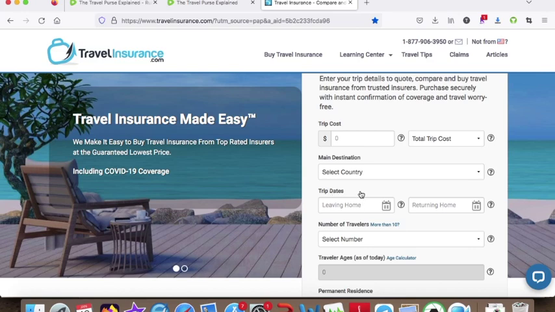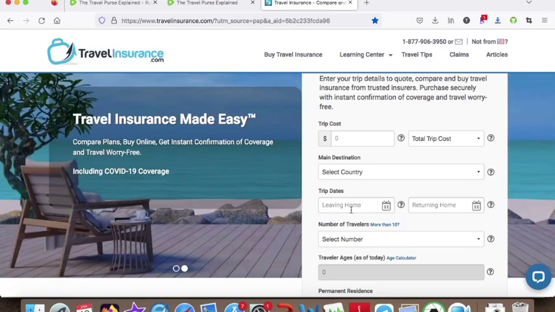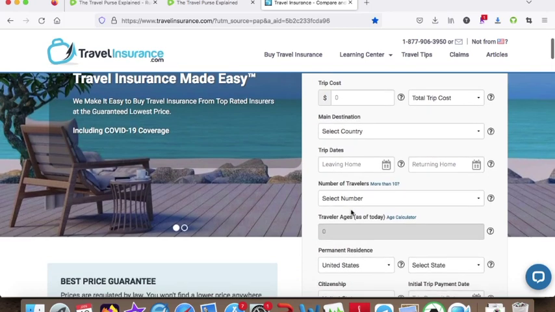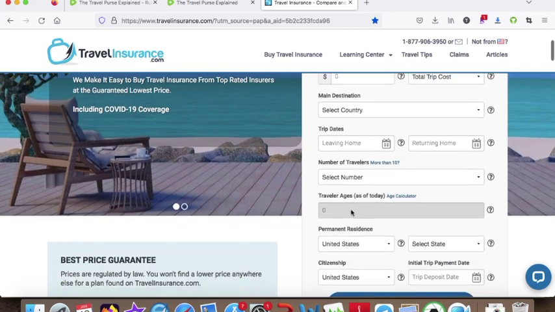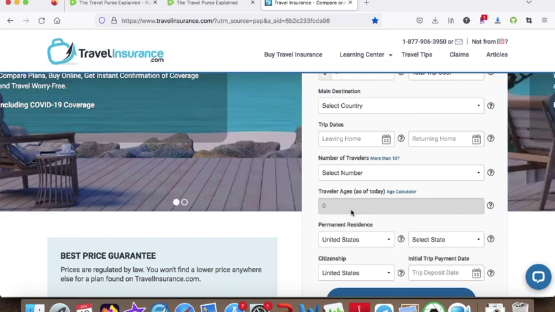Okay, then you would put trip dates. You would say when you're leaving home and when you're returning home. That's to cover everything that's included. Number of travelers. So you want to do a comprehensive trip. Unlike what you're usually getting, and sometimes you do get comprehensive, but oftentimes it's per person.